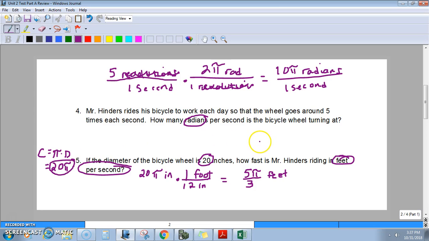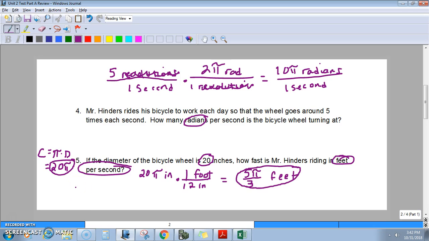So we want how many feet per second is he going. So this is how far his bike goes when the wheel turns around 1 time. And the wheel turns around 5 times every second.